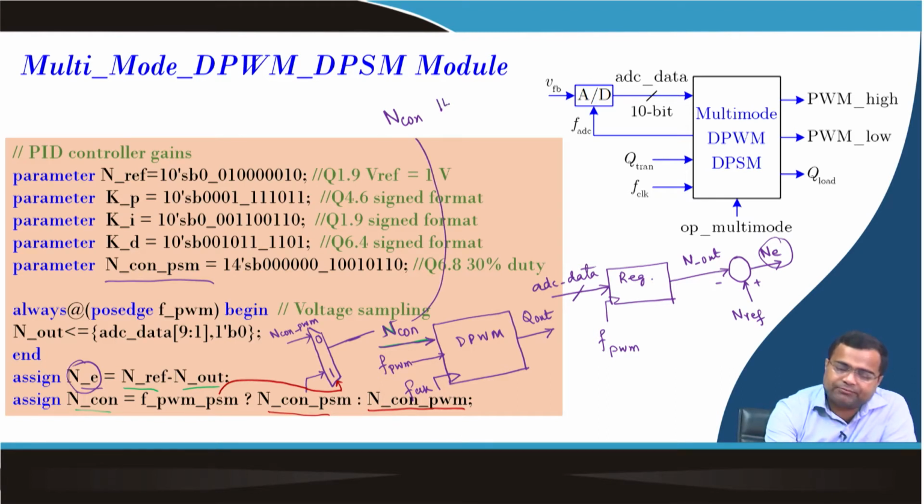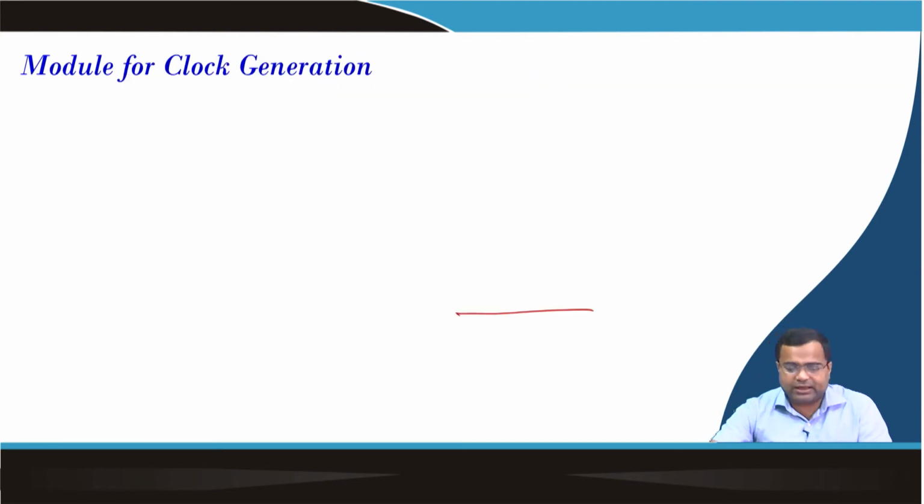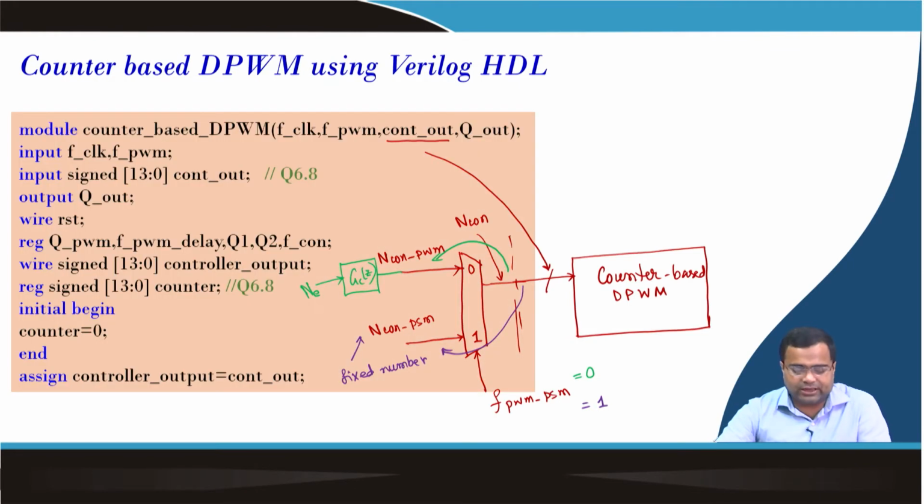It is a 14-bit signed number in Q6.8 format. Accordingly NPSM is set, and this is set to have 30% duty ratio. That means during on time we are giving 30% duty ratio during the charge pulse.